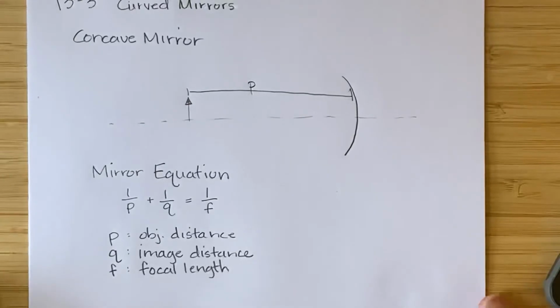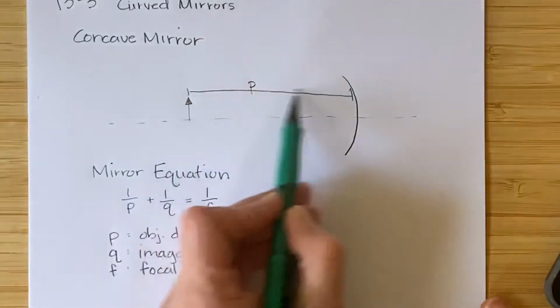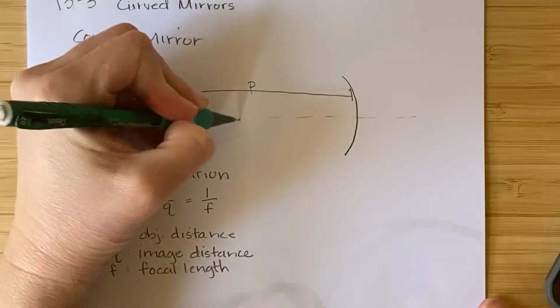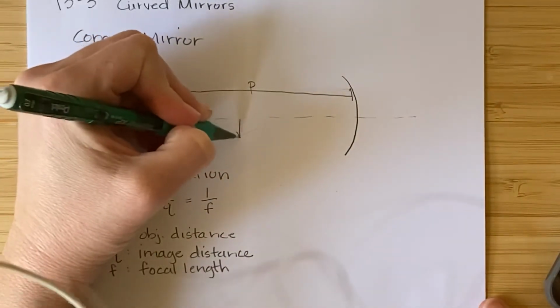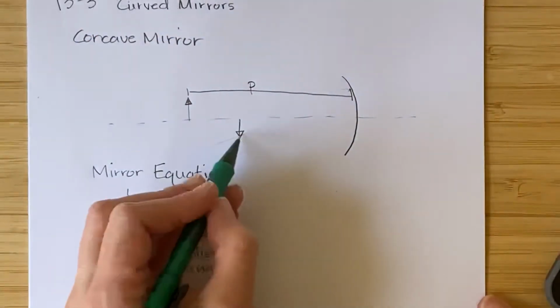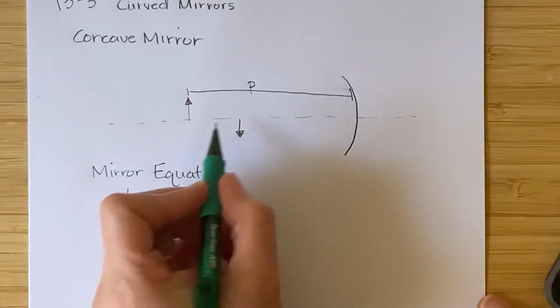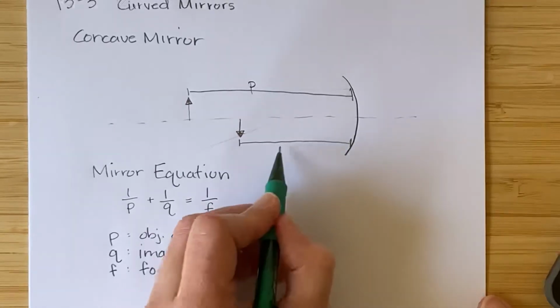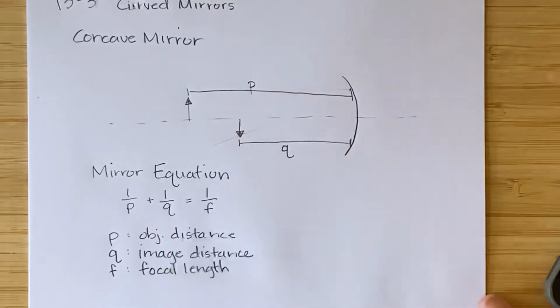Now that's going to be a little bit different. So we're going to say this is our image here. Don't worry about how I got that, but if this is our image, the distance from the image to the mirror, that would be Q. And then, like I said, the focal length is something inherent to the mirror that you would either calculate for or you would be given.